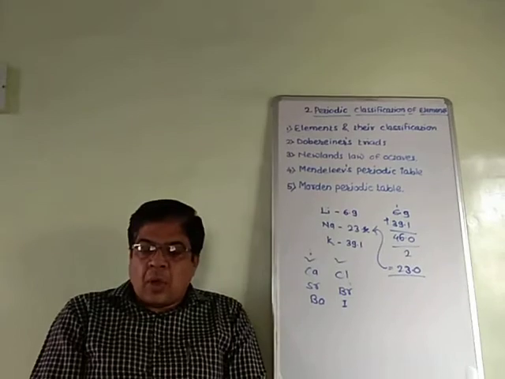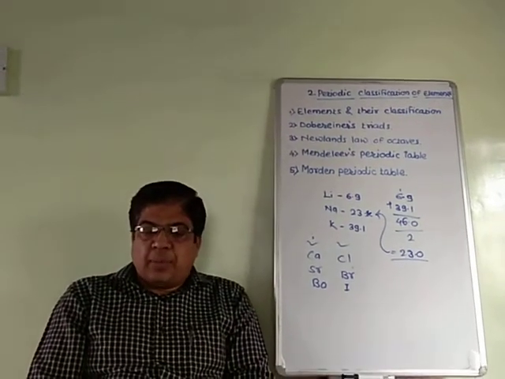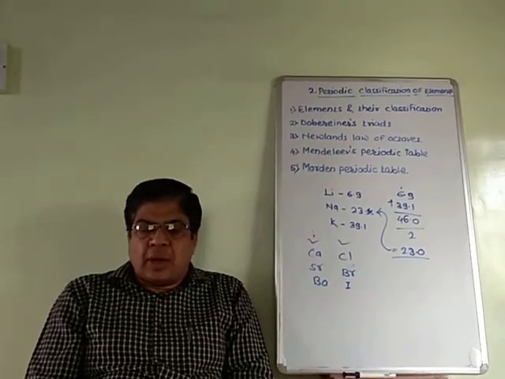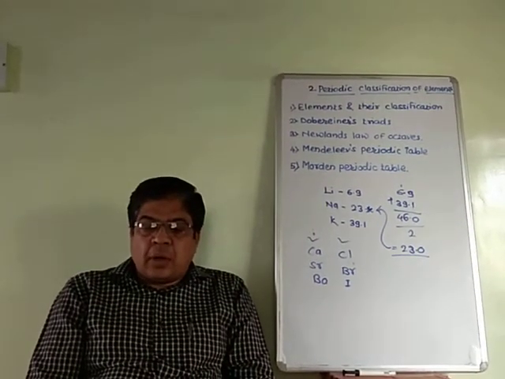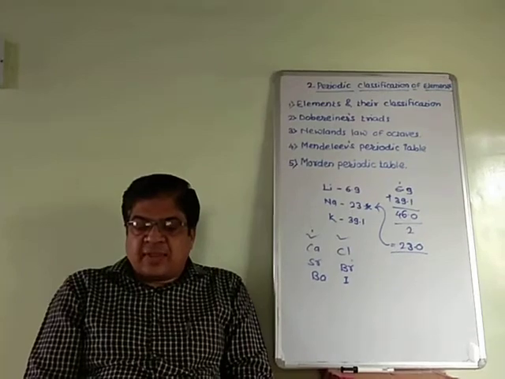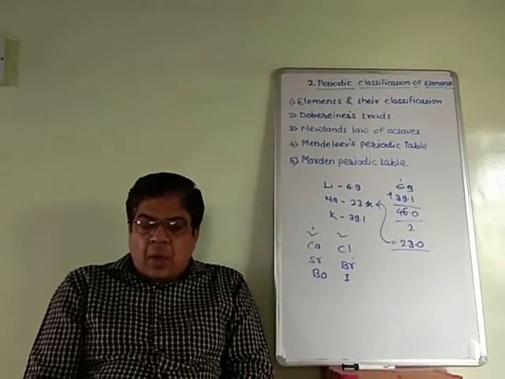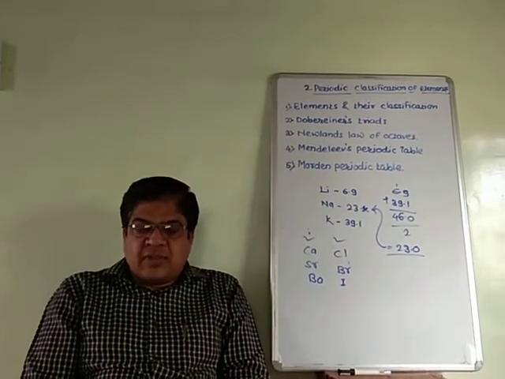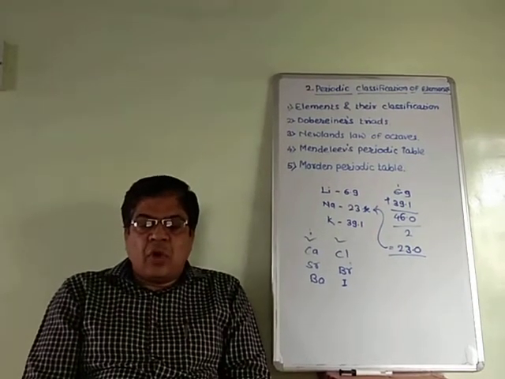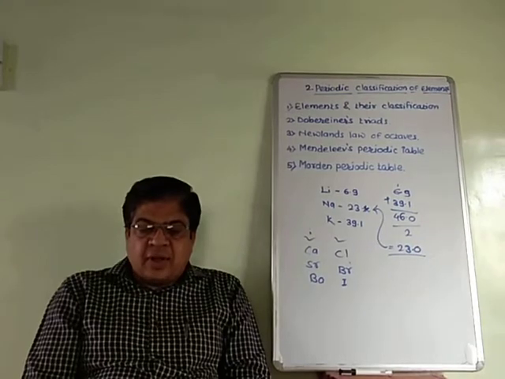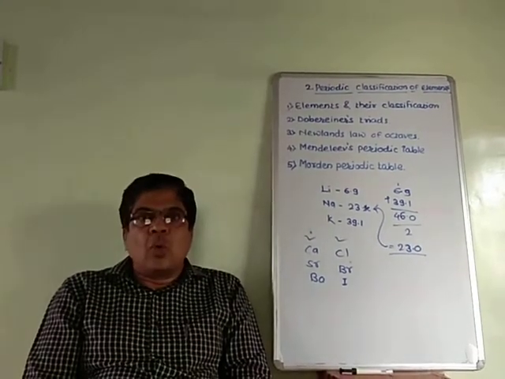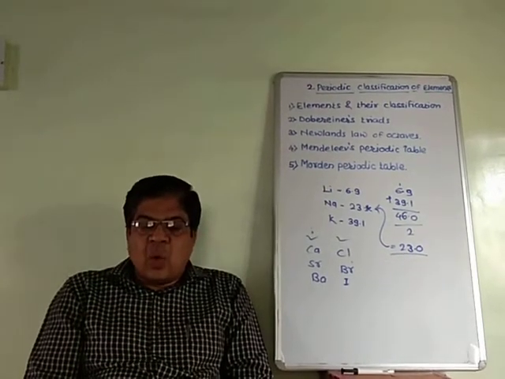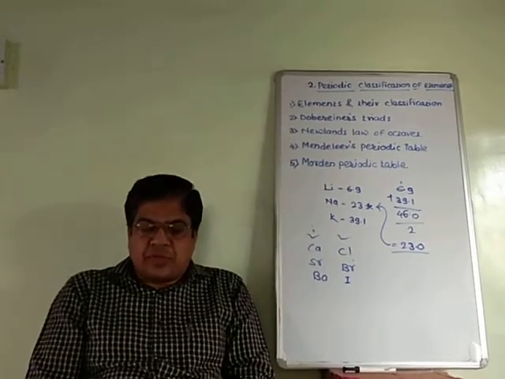Also, while going from left to right within the modern periodic table, the outermost shell remains the same, while the positive charge on the nucleus goes on increasing and the atomic radius goes on decreasing, and thus the effective nuclear charge goes on increasing. Therefore, valence electrons are held with greater attractive force.